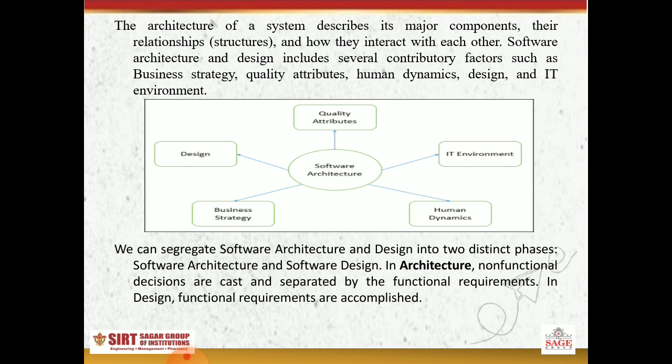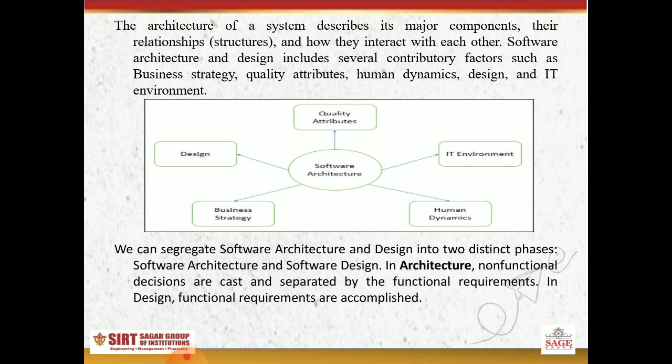The architecture of a system describes its major components, their relationships, structures, and how they interact with each other. Software architecture and design includes several contributory factors such as business strategy, quality attributes, human dynamics, design, and IT environments.